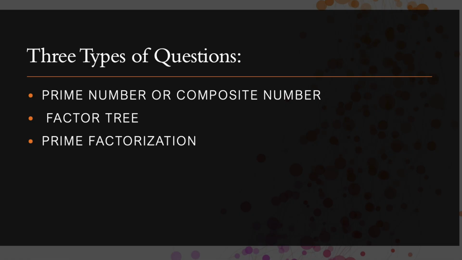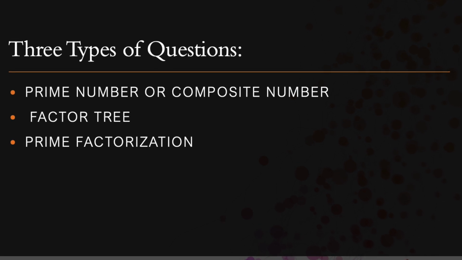And then I keep going down, just like we saw with the number 24. So when we do a factor tree, I circle the prime numbers because that branch is done. And I keep dividing the numbers up until I cannot do that anymore because all I have left are prime numbers. And then finally, I'm going to use a factor tree to write the prime factorization of a number.